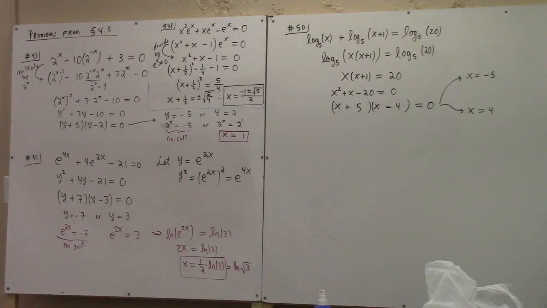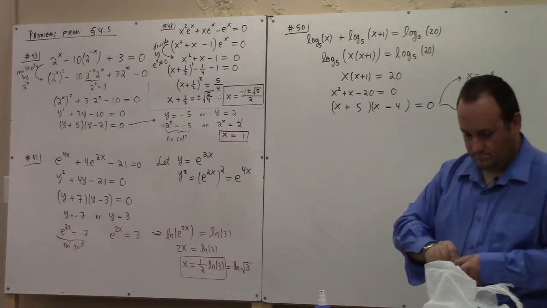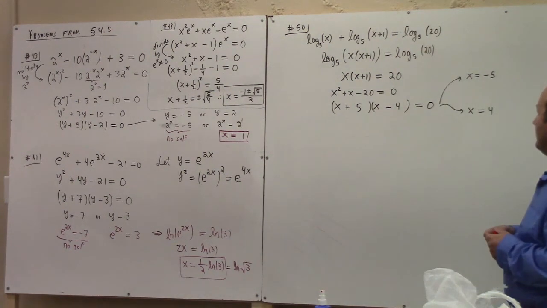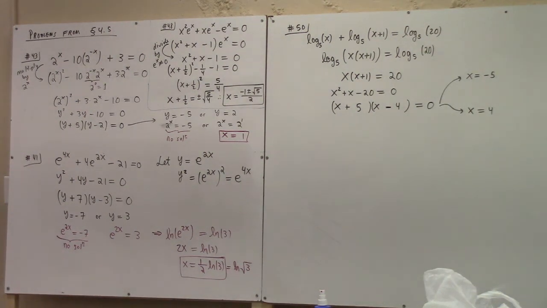What's the trouble with minus 5? It's negative, right? Well, we allow negative numbers, right?